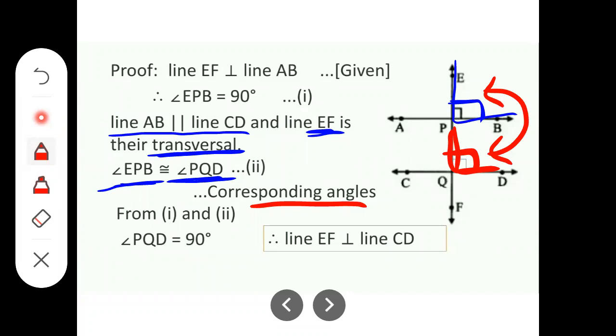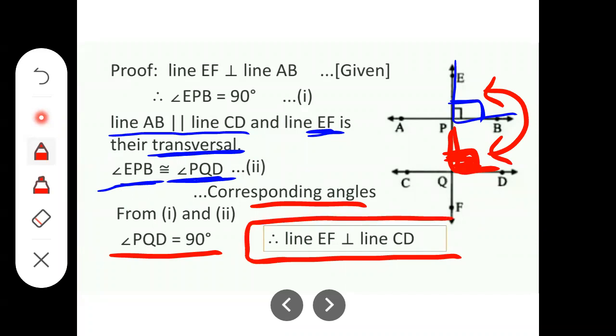So angle PQD will also be 90 degrees. So the line EF will be perpendicular to line CD also. Okay, that we had to prove, and here it got proved. Understood?